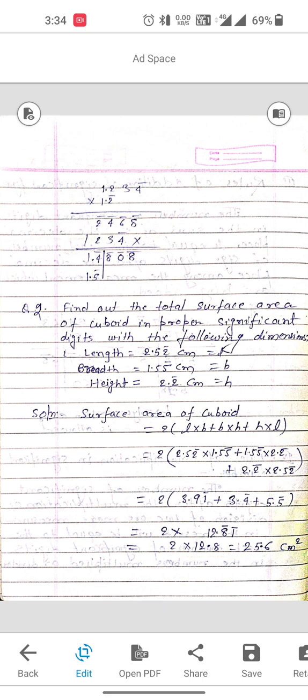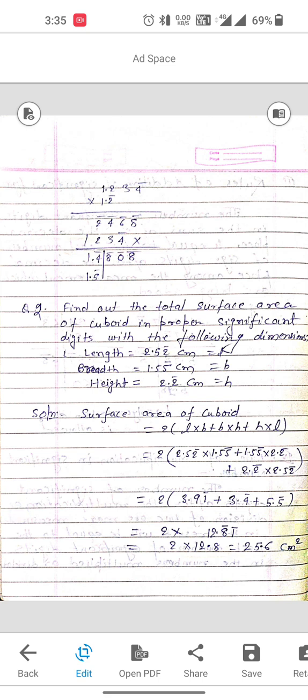Then we have to consider 1.2, which has 2 significant digits. After multiplication we get 1.4808. Then after 4, the next digit is 8, so rounding up, we get 1.5.